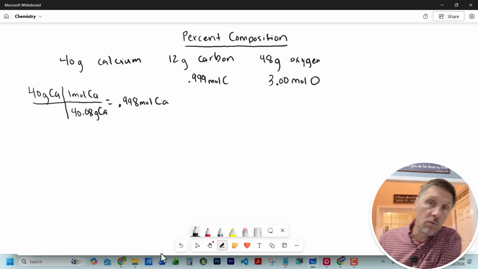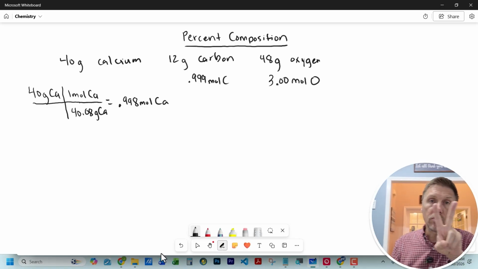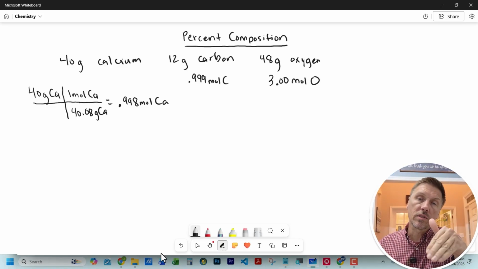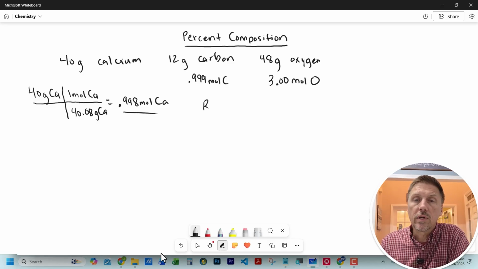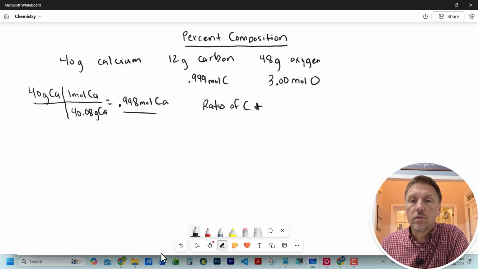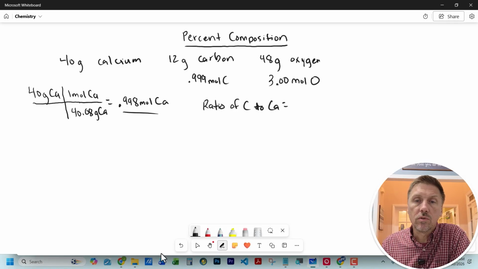So now we're going to do exactly what we did before, right? We're going to get two ratios. We're going to put the smallest number on the bottom of each ratio. And since calcium has the smallest number of moles, we're going to do the ratio of carbon to calcium. And we're going to see that that's equal to 0.999 moles of carbon divided by 0.998 moles of calcium to give us a ratio of 1.